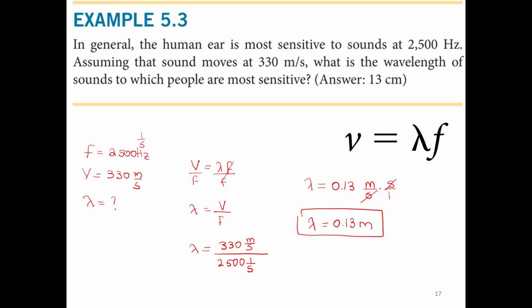And if we want to write this in centimeters, we know 1 meter equals 100 centimeters. Then what we need to do is multiply by 100. Let me do it here just as an example. 1 meter is 100 centimeters, and this cancels out, so we have centimeters.